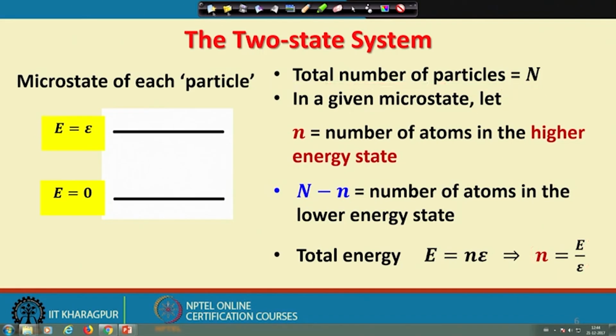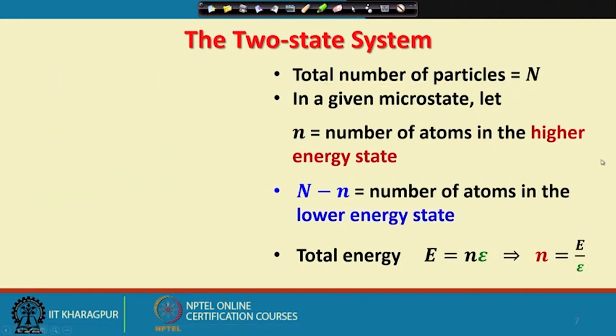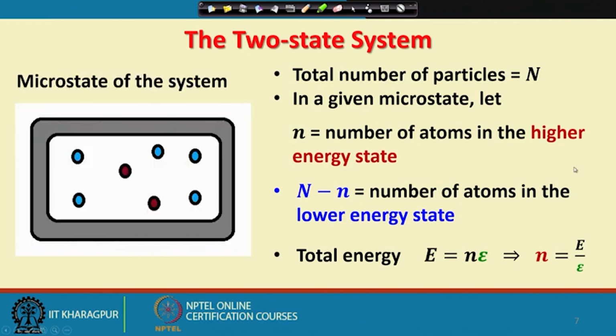Now, once we know this, let us see how the system looks. This is a typical representation of the microstate of the system, where, as I have shown using color codes, small n corresponds to the number of particles or atoms in the higher energy state.